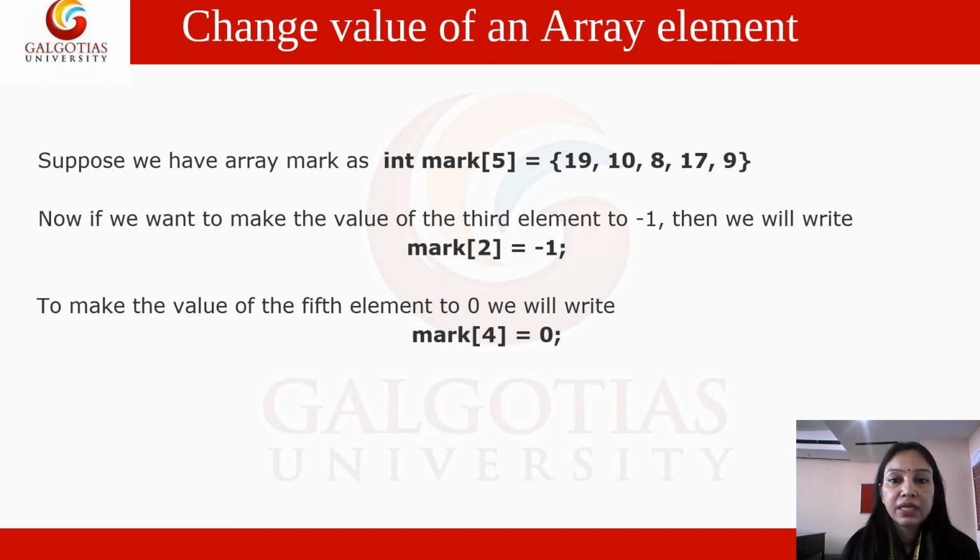Now we have replaced this 8 with -1. So after writing this statement, marks[2] = -1, once you are executing your array and printing all elements of the array, you are getting -1 in the place of the third element, not 8. Okay, so in this way you can change, you can update, you can modify your array element.